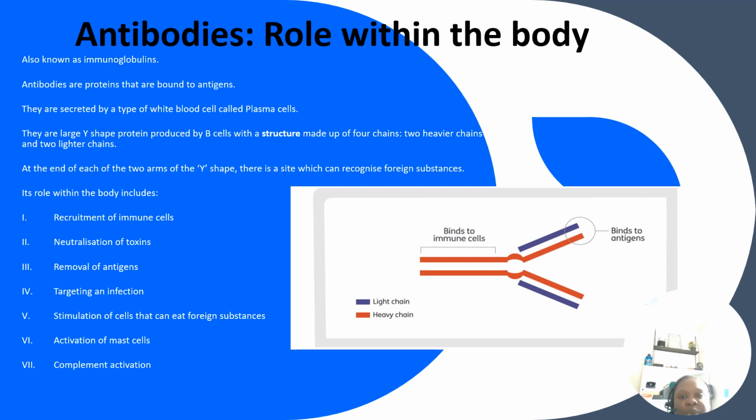Antibodies' role within the body includes targeting an infection, recruitment of immune cells, neutralization of toxins, complement activation, stimulation of cells that can eat foreign substances, and the activation of mast cells.